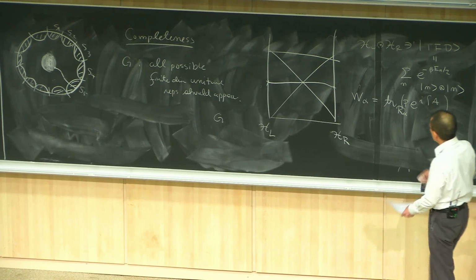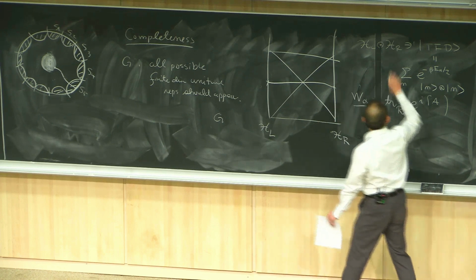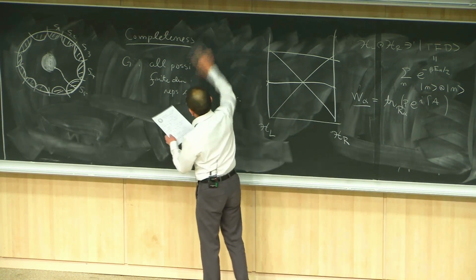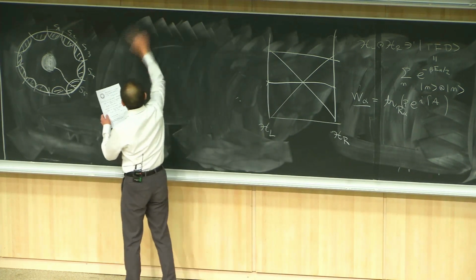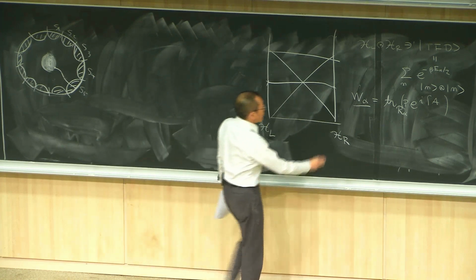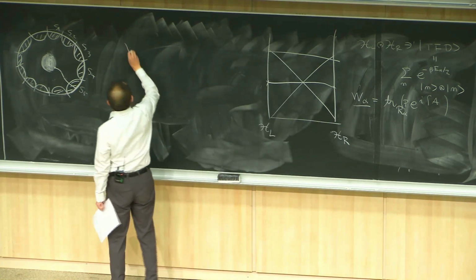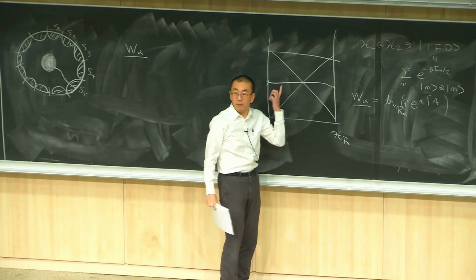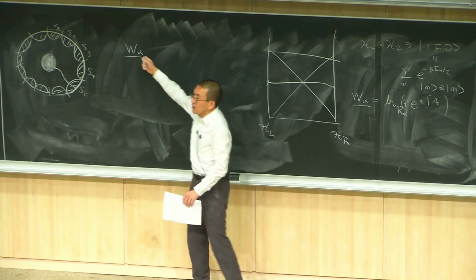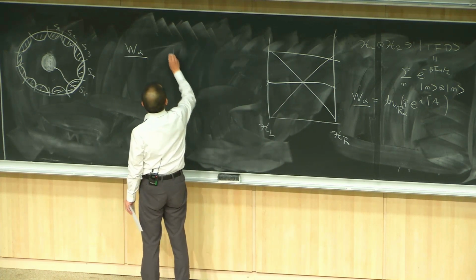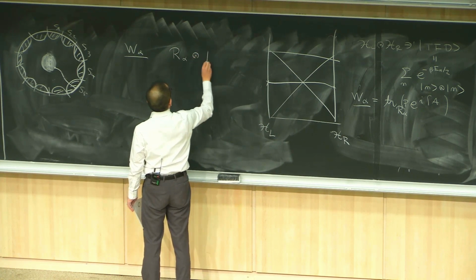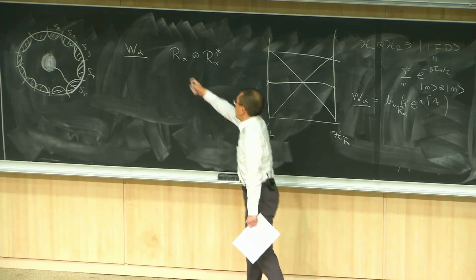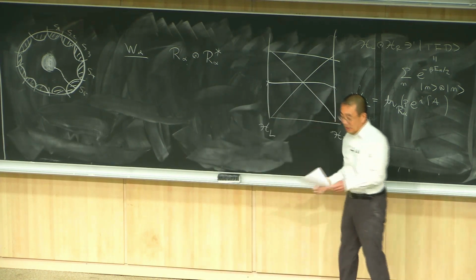Now this operator acts on this Hilbert space and realizes representations. But what is this operator? This operator goes from here to here, and there are two endpoints of this Wilson line. Therefore, this operator is in the representation R tensor product R star, where one factor acts on this side and the other acts on the other side.